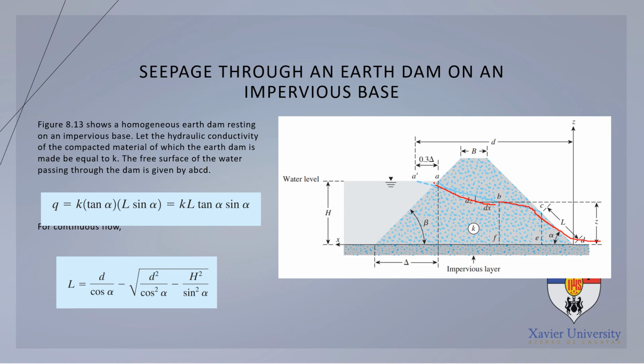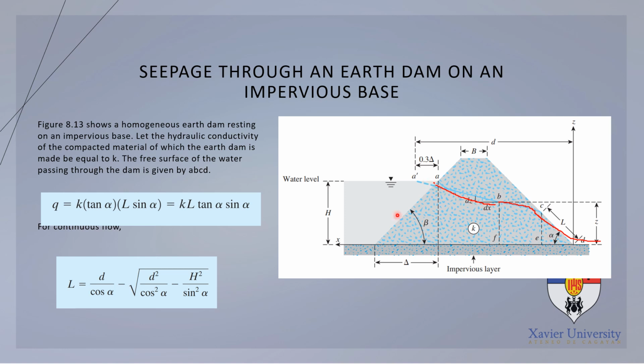The water flows from here, because this is an earth dam, meaning it is made of a permeable material aside from concrete. That is why water will flow through it, from this point here to this point.